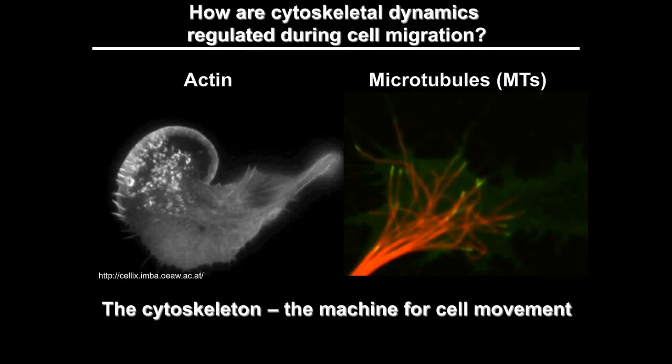My lab has been focused particularly on how the cytoskeletal machine is regulated during embryonic development and specifically in nervous system development. I've been studying aspects of the nervous system for about 17 years now. And within nervous system development, there are at least two different kinds of cell movement.